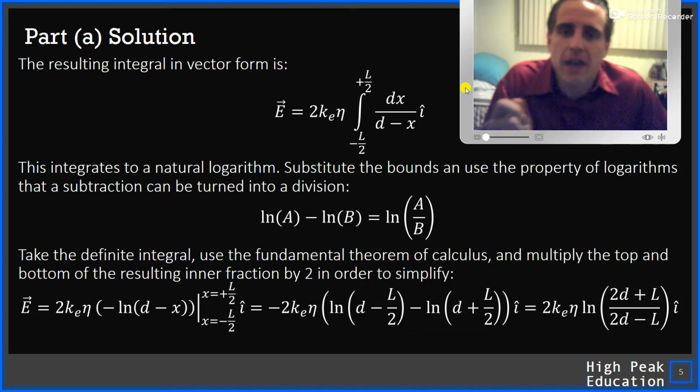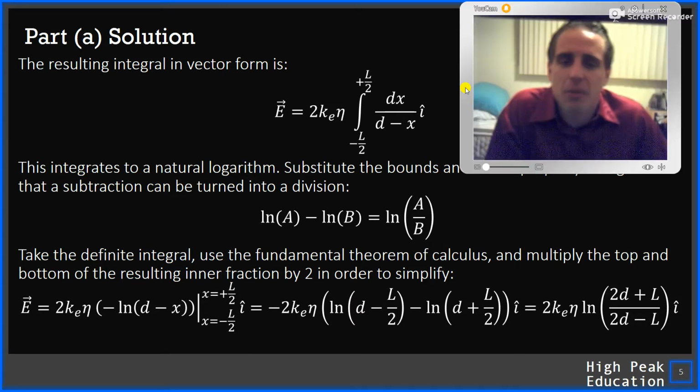Okay, and then if you recall from your calculus classes, the derivative of a variable over basically itself is like a fractional change, and you integrate all those fractional changes, that is essentially a natural logarithm. And by using our bounds of integration, we're going to use a property of logarithms in a moment, that a subtraction of logarithms can be turned into a division.